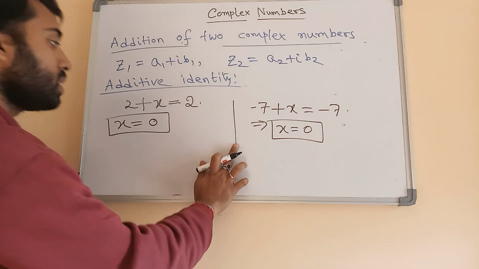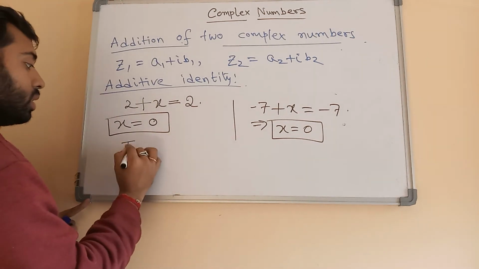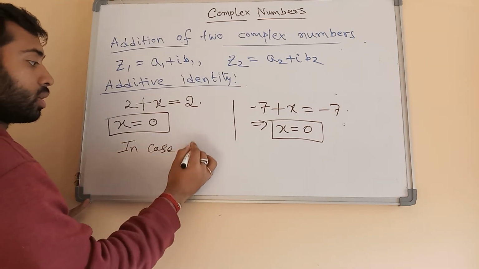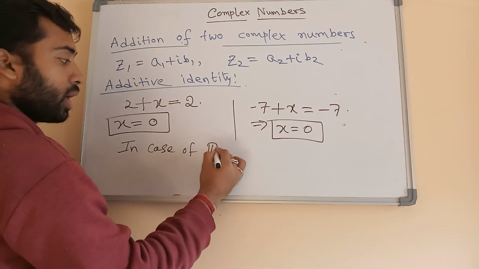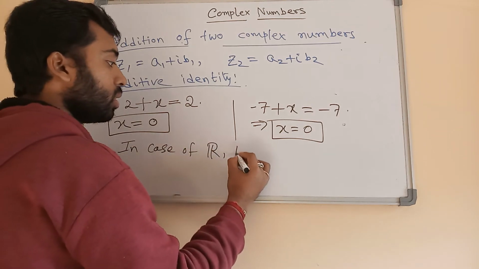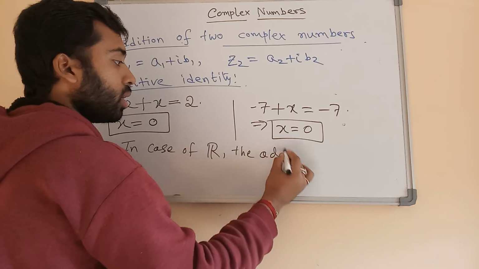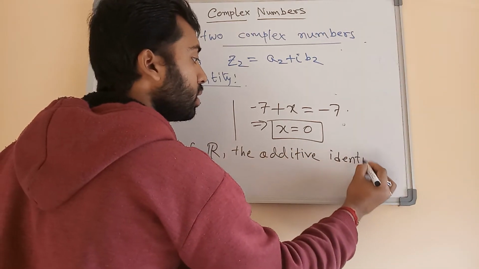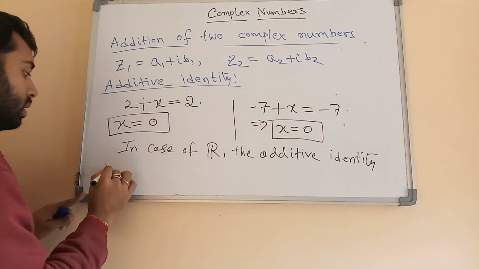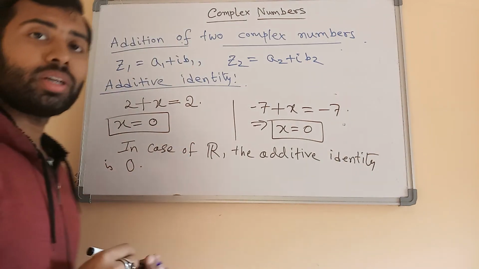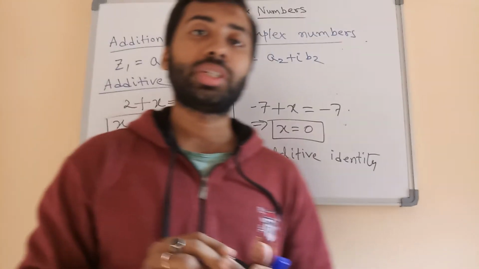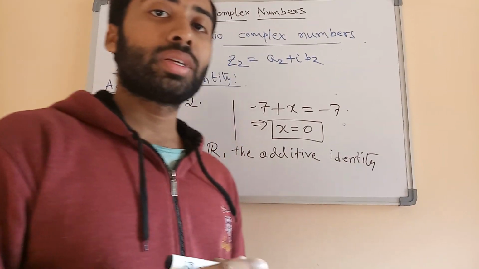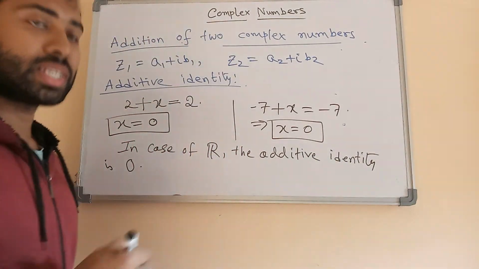So I can easily say, in case of R, the set of real numbers, the additive identity is 0. Additive identity means the number which when added to another number x will give the value x again.